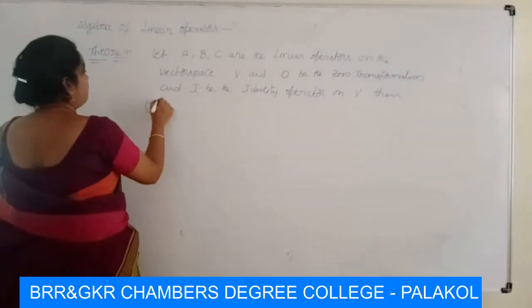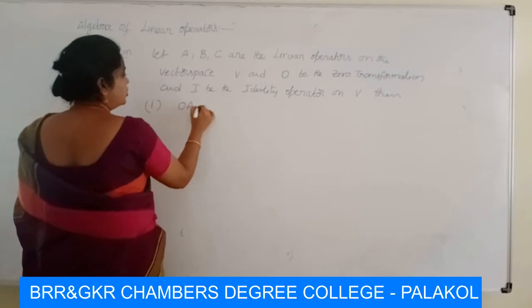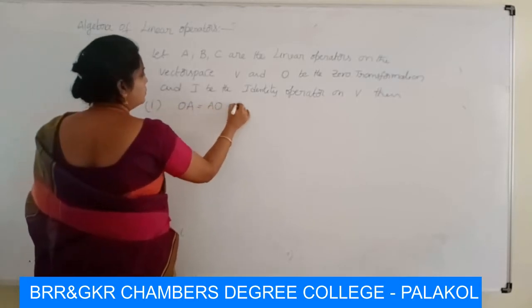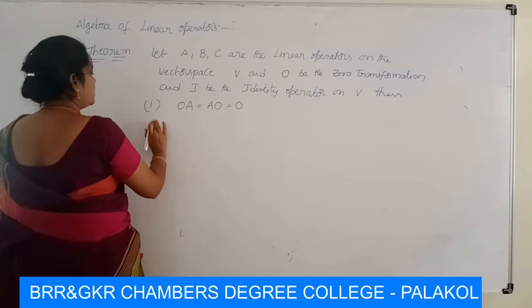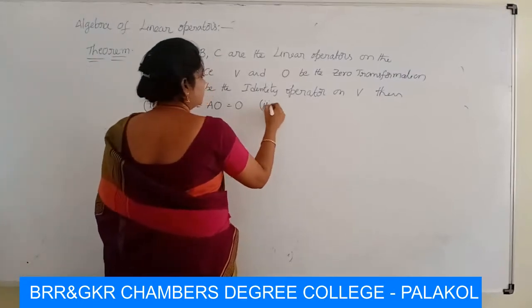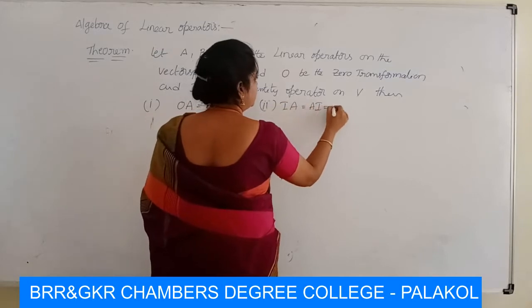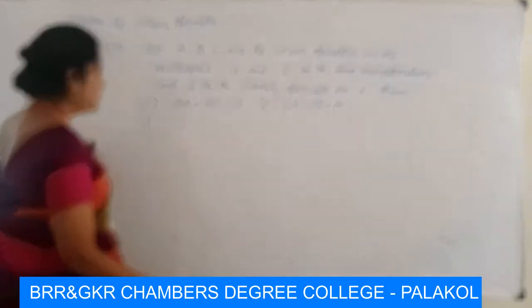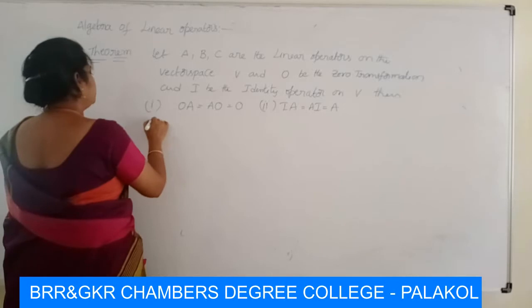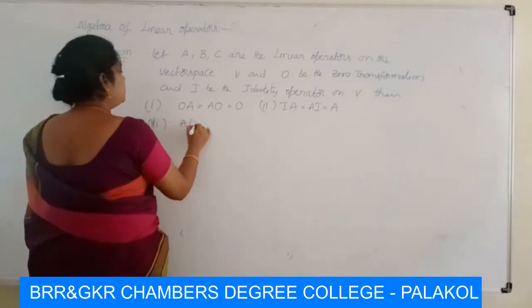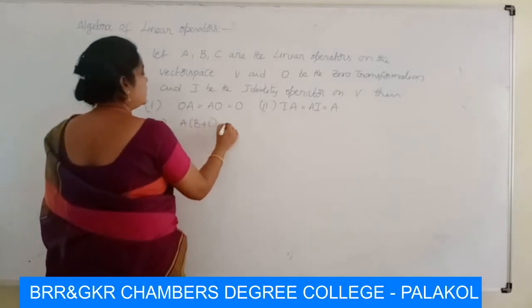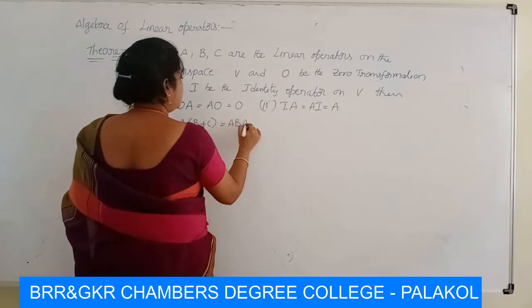First one, OA is equal to AO is equal to O. Second one, IA is equal to AI is equal to A. Third one, A into B plus C equals AB plus AC.